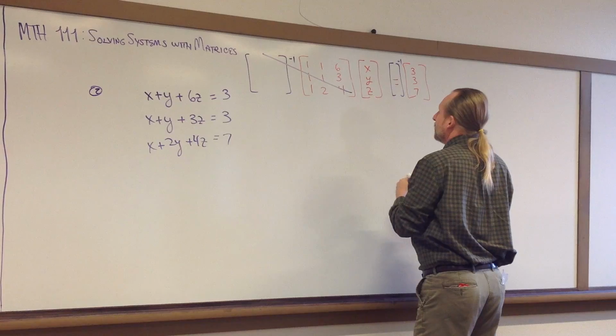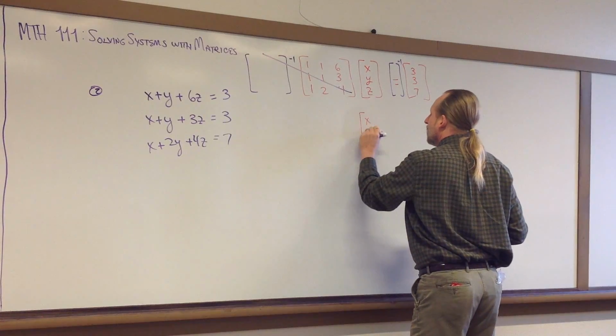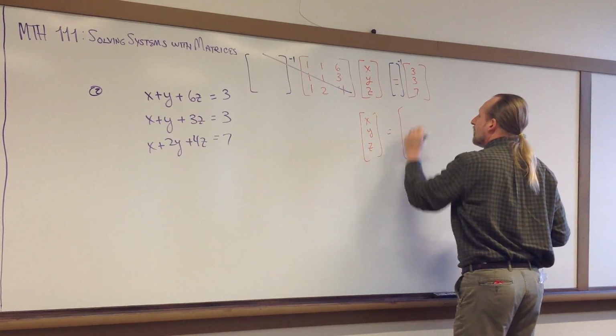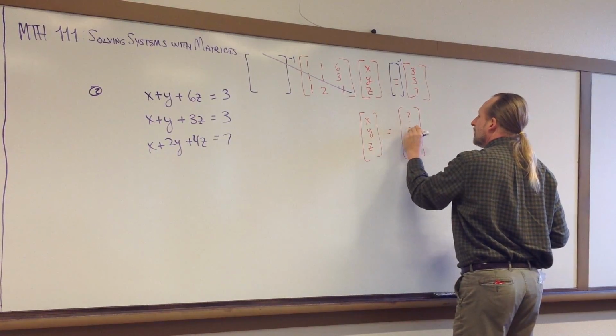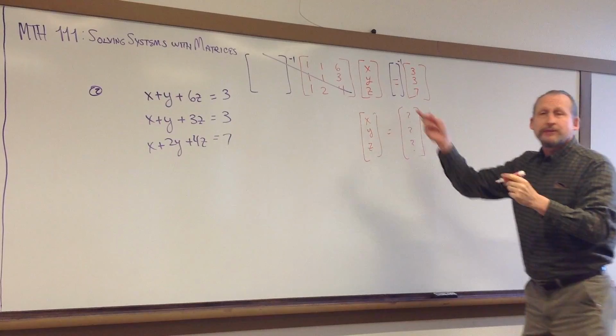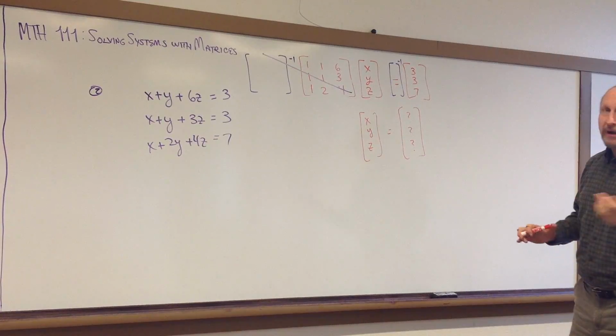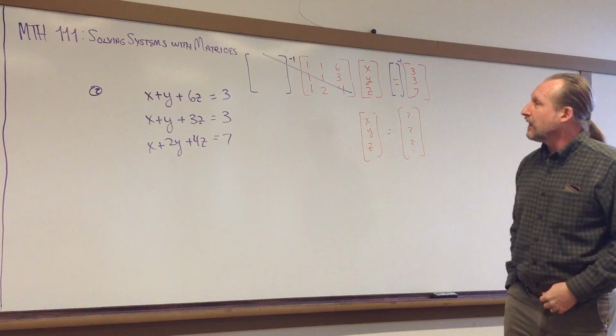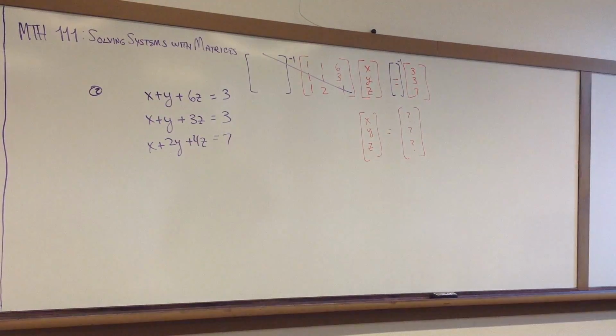Then we'll be left with x, y, z on this side, and whatever our answer matrix is on this side. That'll give us the values for x, y, and z. Hopefully this will make more sense when we work through this example. So, let me pull up the calculator here so you can see how this is going to work.